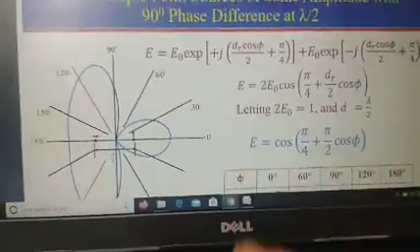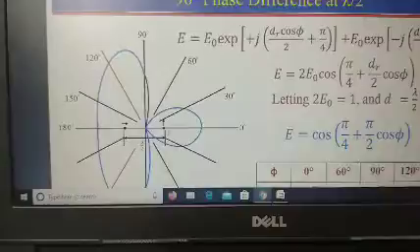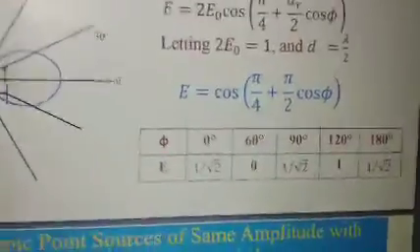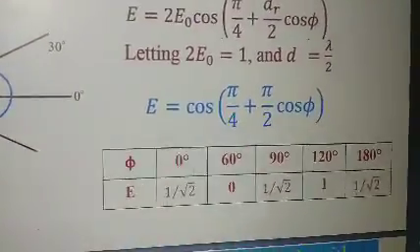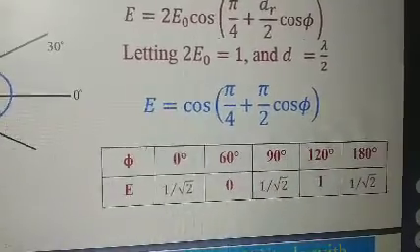Okay, for this equation we learn the electric field obtained at different angles. For this case phi is equal to 0 degree, 60 degree, 90 degree, 120 and 180 degree.